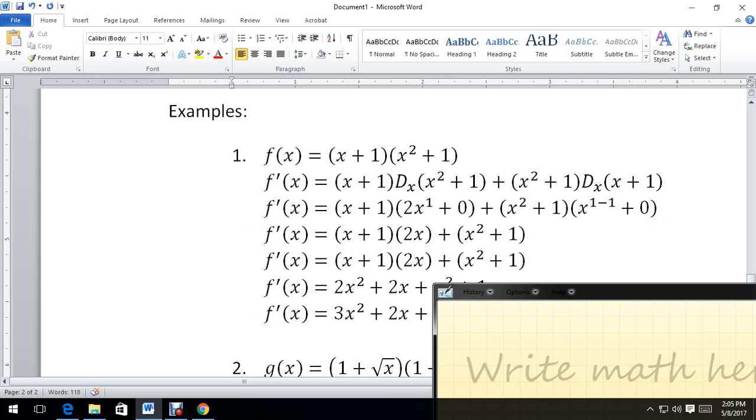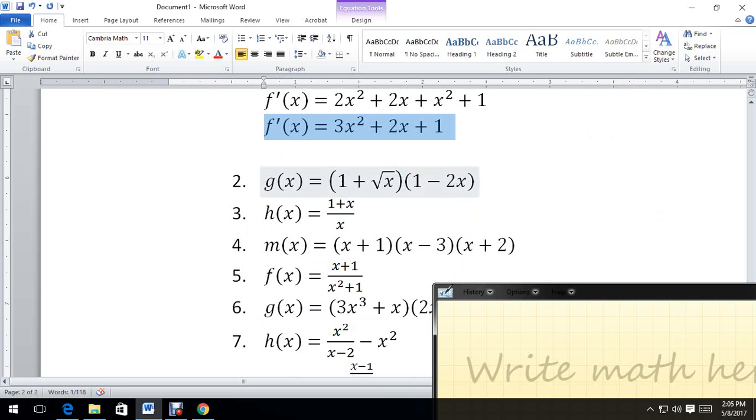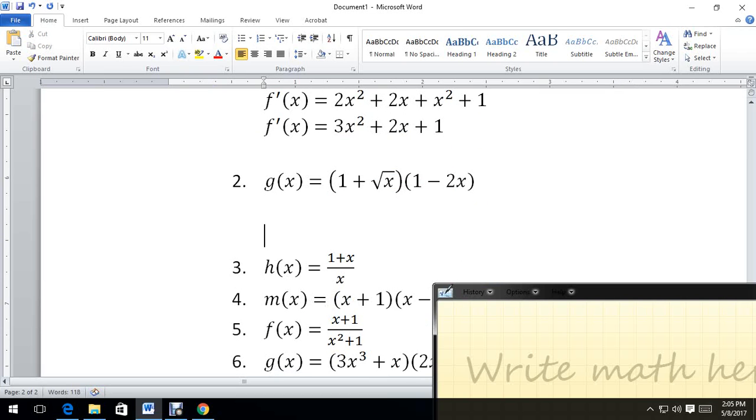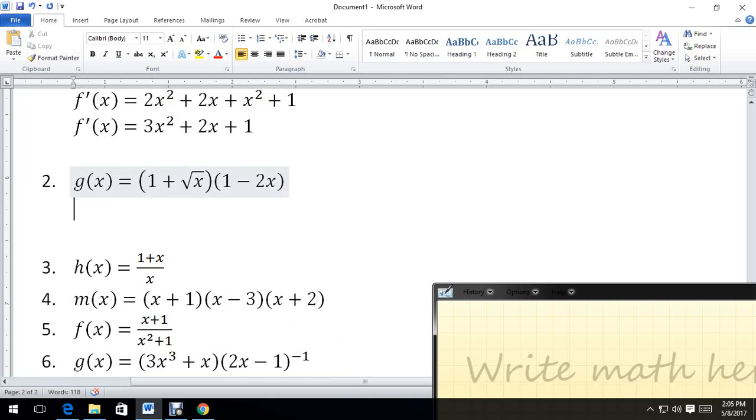Okay, so let's have example number 2. For example number 2, this is also considered as a derivative of a product, since obviously the composition of our g of x is made up of two distinct terms. So we have 1 plus square root of x and 1 minus 2x.